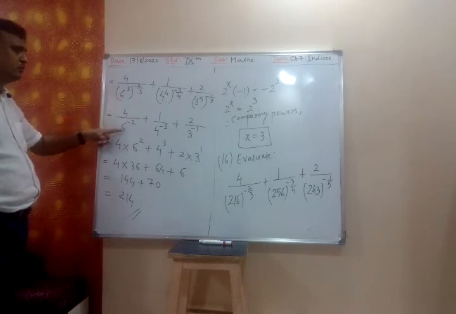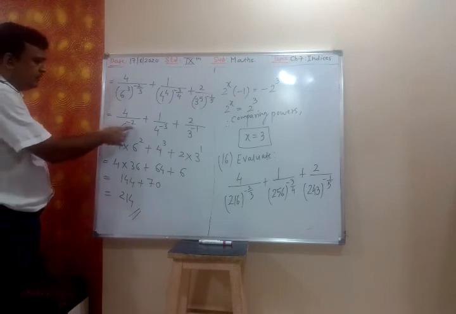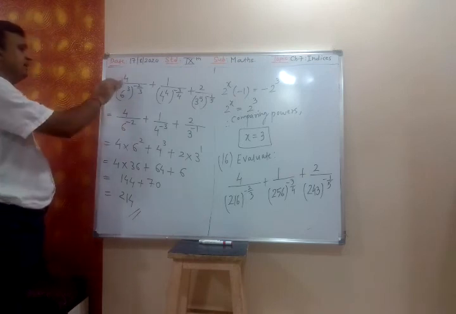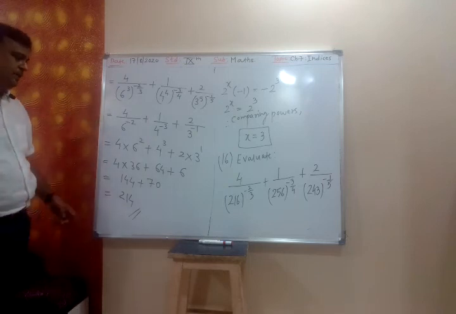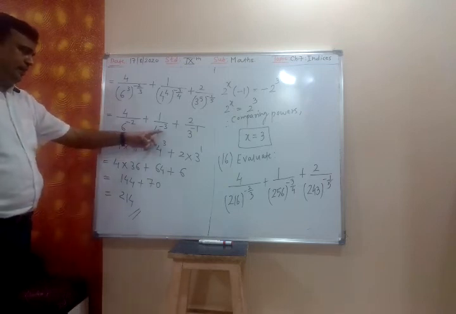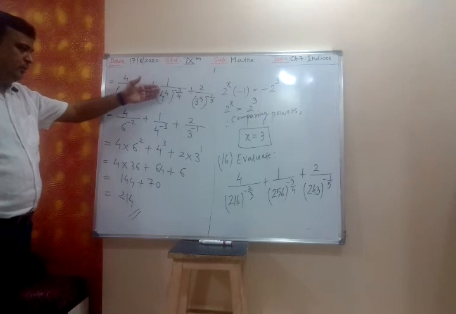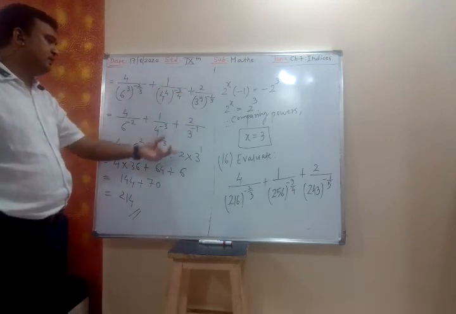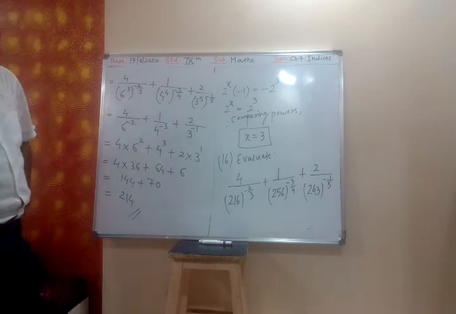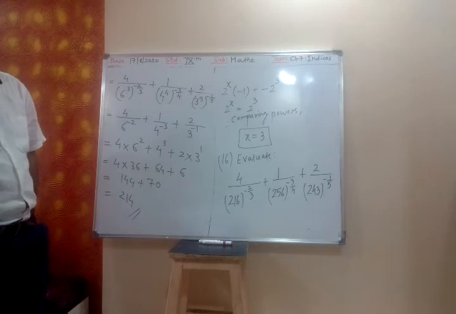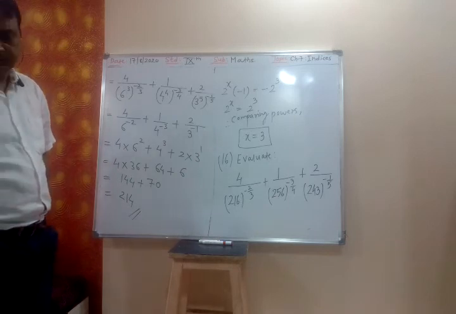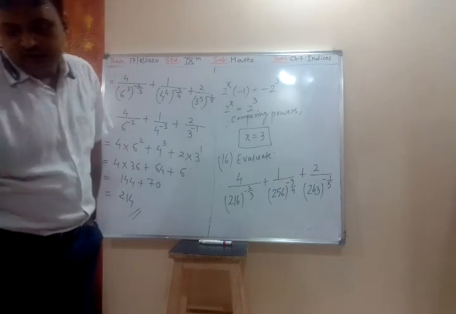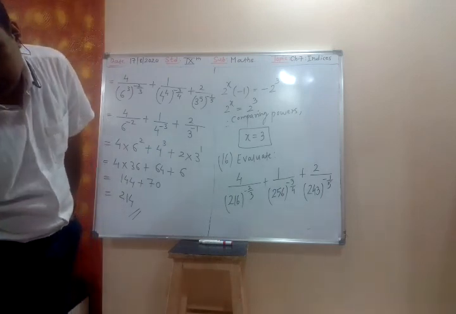But it is not whole raised to minus 2. Only it is 6 raised to minus 2 in the denominator, so this I will take up, it becomes 6 raised to plus 2. Then 4 raised to minus 3 in the denominator, I take up, 4 raised to plus 3, plus 2 into 3 raised to plus 1. Multiply, and the answer is 214.